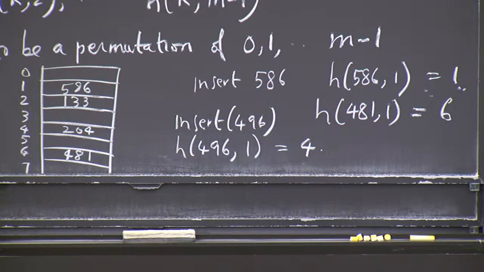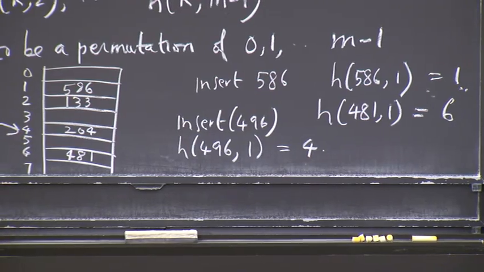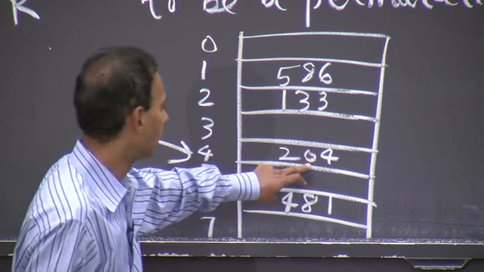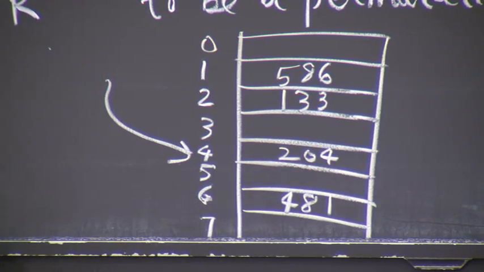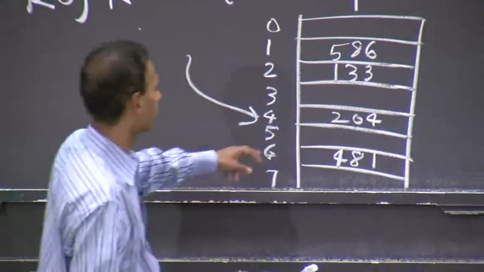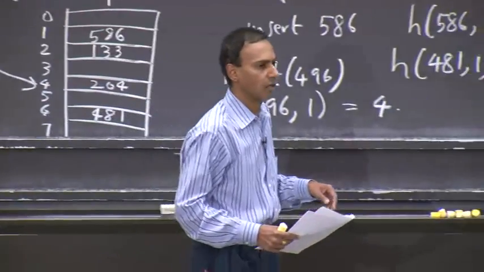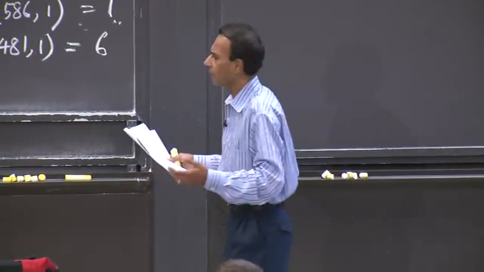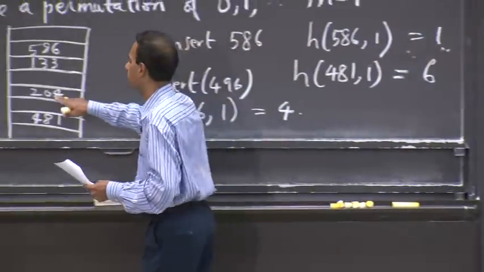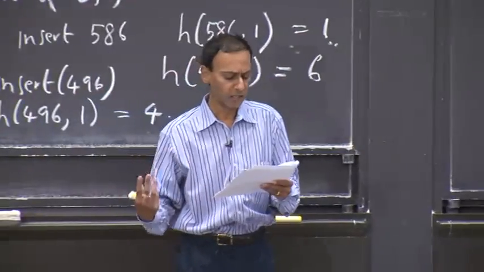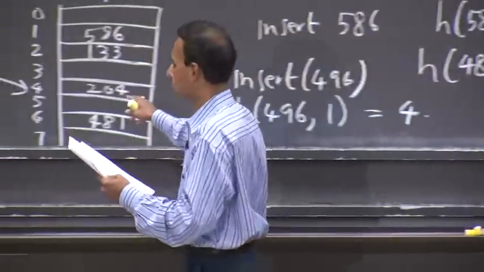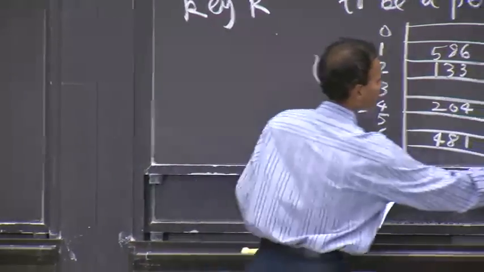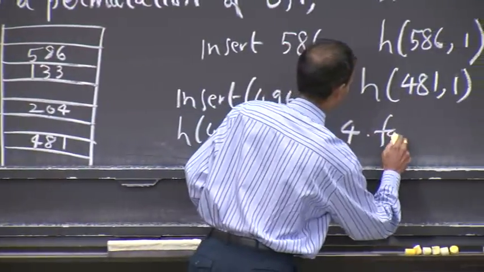So the first thing that happens is I go in here and I say, oops, this slot is occupied, because I'm going to have a special flag associated with an empty slot, and we can say it's none. And if it's not none, then it's occupied, and 204 is not equal to none. So I look at this and I say the first probe actually failed. Okay, and so h(496, 1) equals 4 fails.